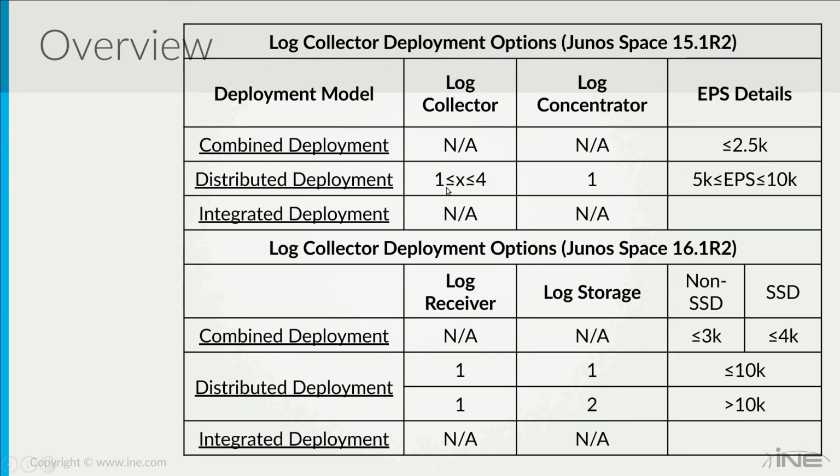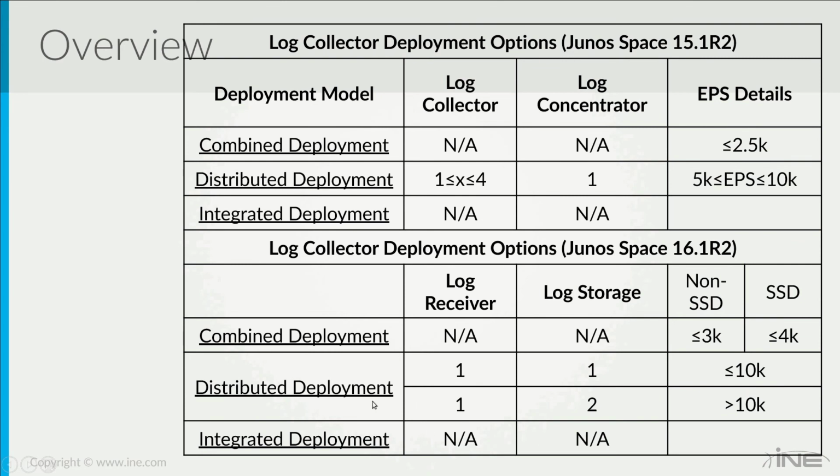We can have a maximum of 4 log collector devices and 1 log concentrator. In this distributed deployment, we can achieve a maximum EPS rate of 10K, starting from a 5K EPS rate. Then for Junos Space 16.1R2, for combined deployment, we can achieve a rate of around 3K for non-SSD devices and around 4K for SSD devices.